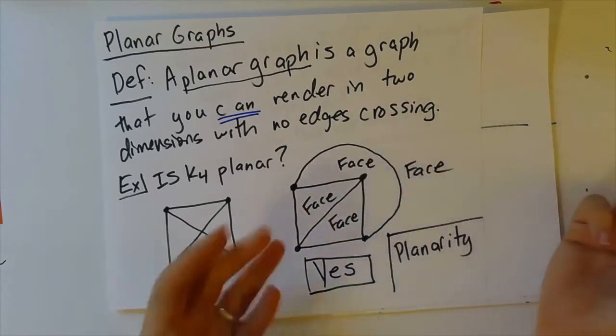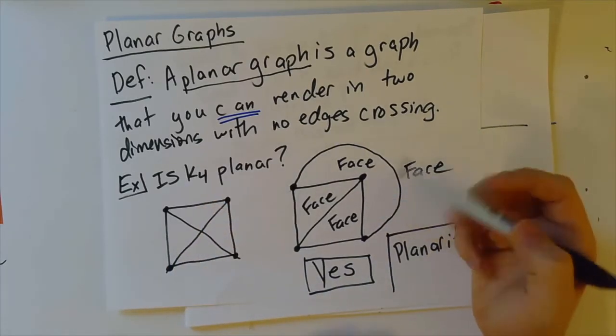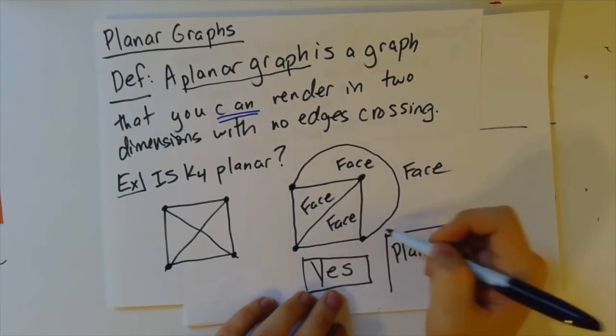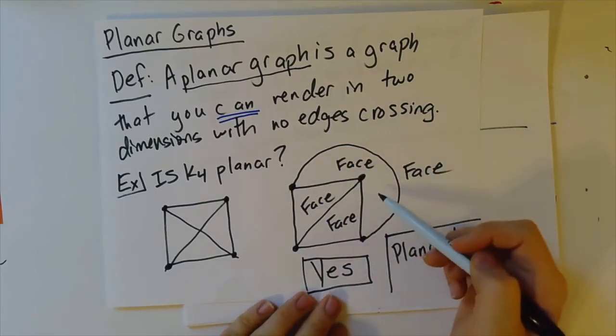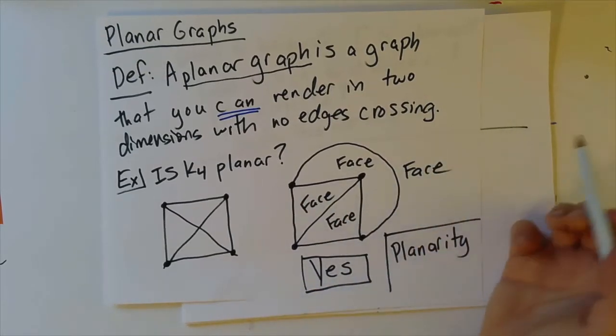So each face is now a room. And I'm going to imagine that these edges, of course, are the walls of the room, and that I'm painting the walls of the room. And I'm going to ask myself, basically, how many walls does my room have?